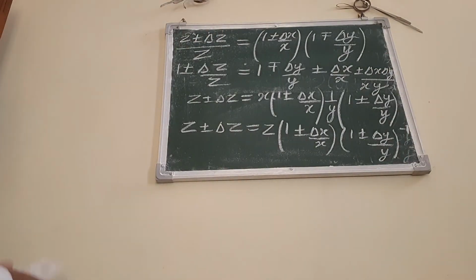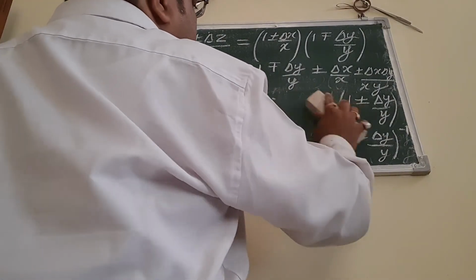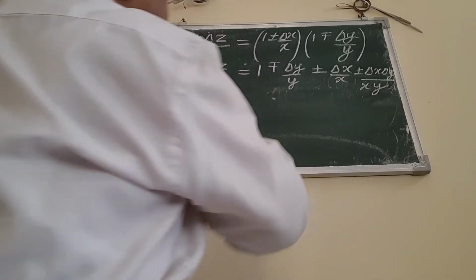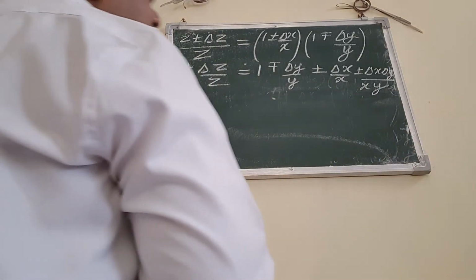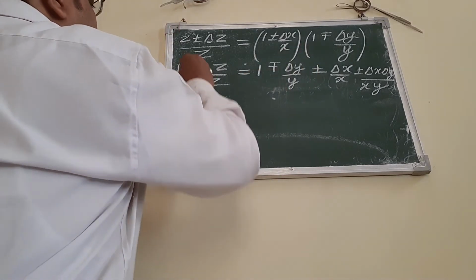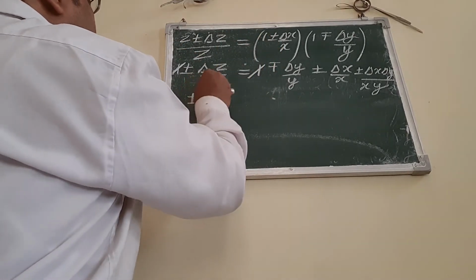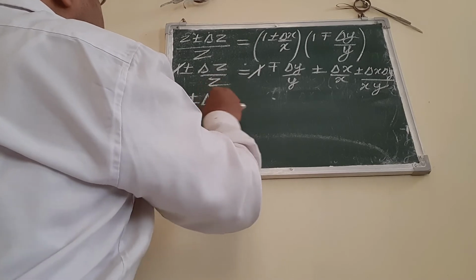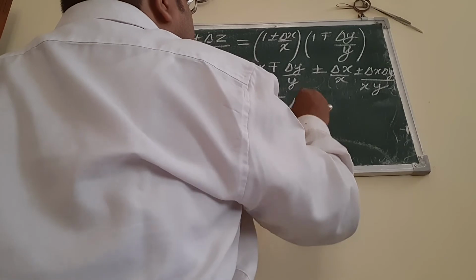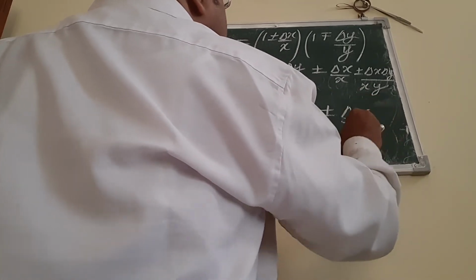So here the last expression is very small, since delta x and delta y are small, so their product will also be very small, so it can be neglected in comparison to the other terms. So neglecting the last expression and cancelling 1 from both sides, the final expression becomes plus minus delta z upon z equal to plus minus delta y upon y plus minus delta x upon x.